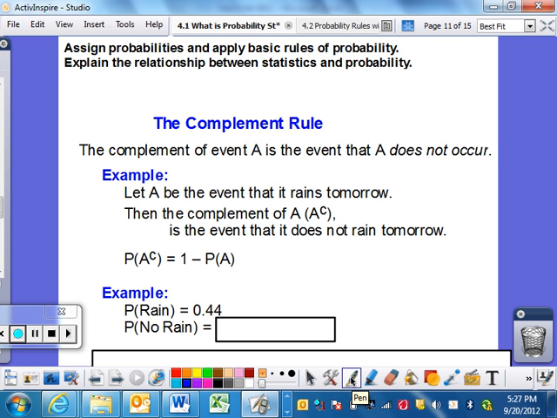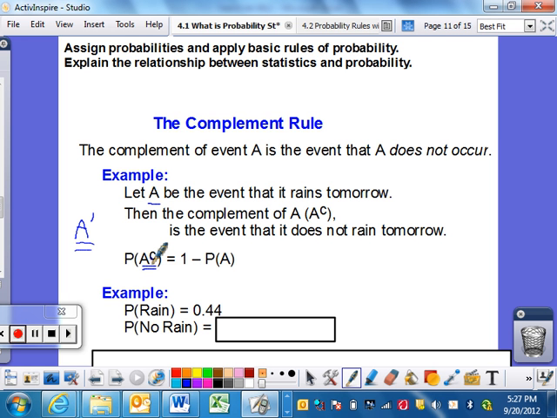So if A stands for the event that it rains tomorrow, the complement then would be it's not going to rain tomorrow. Now I've seen it denoted two ways. This could be the way of denoting the complement. I've also seen it denoted as A prime, A with the little asterisk on top. So that is another way that can be denoted.